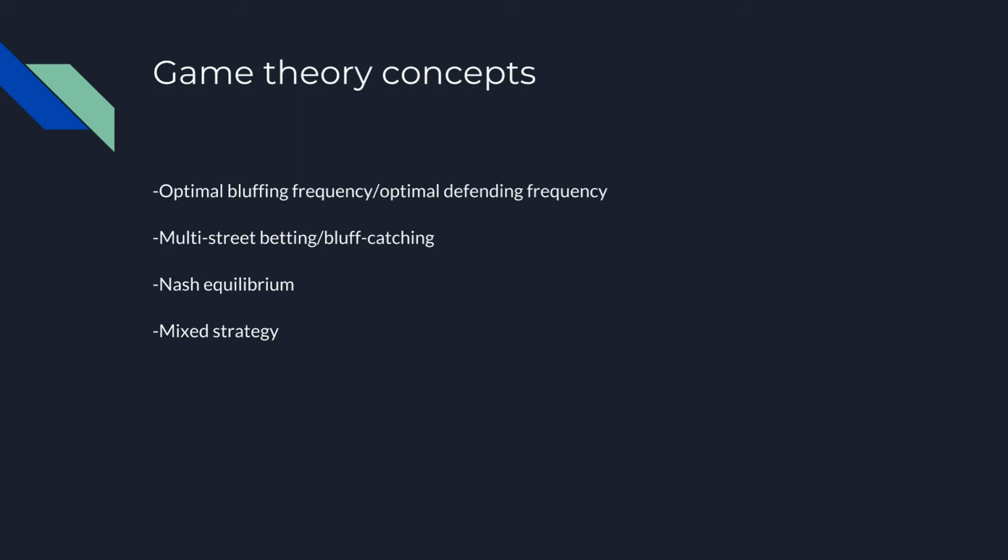Nash equilibrium, definitely search this term up, but basically it's a point at which no player can increase their EV by changing their strategy. So again, if we're playing optimally or GTO, game theory optimal, then our opponent can't increase their expectation by changing the strategy, so they have no incentive to deviate in what they're doing.